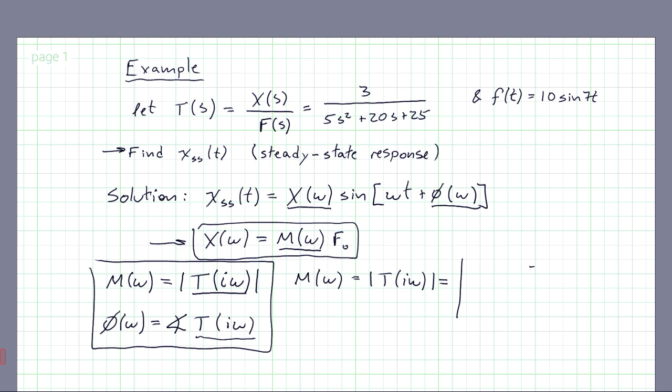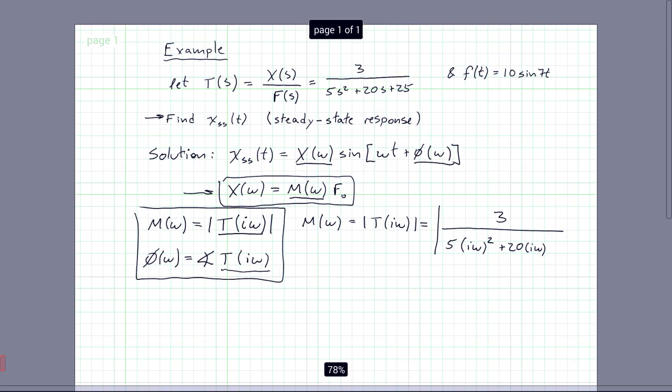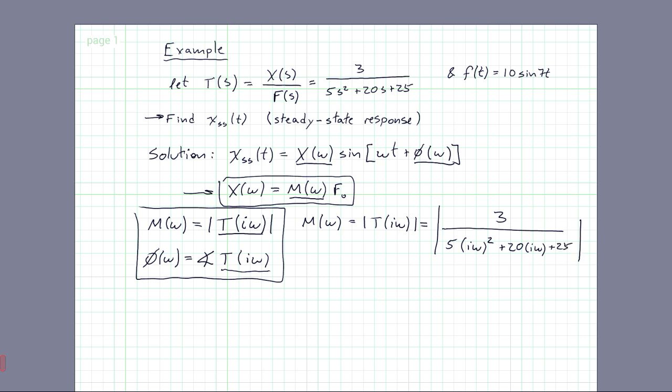So it's going to be 3 divided by 5 times (i omega) squared plus 20 times i omega plus 25. The amplitude of that. And by the way, we know that omega is 7 radians per second. That comes right from here, right?